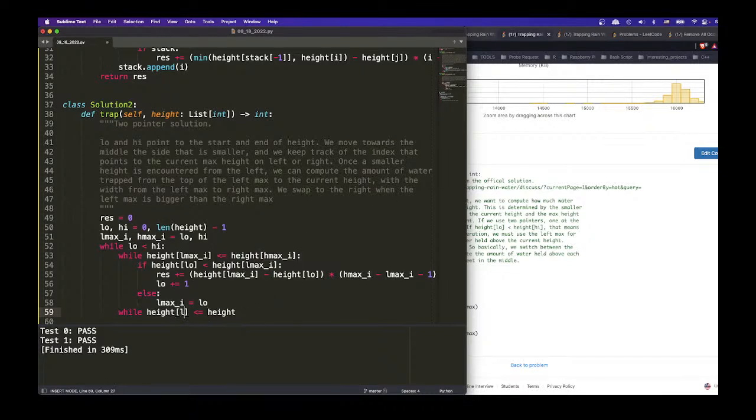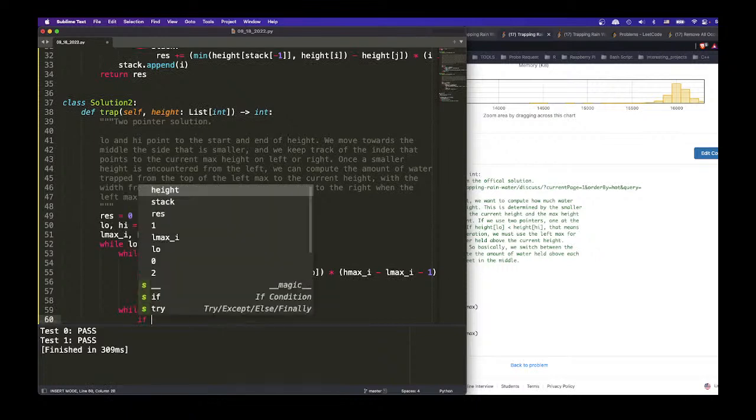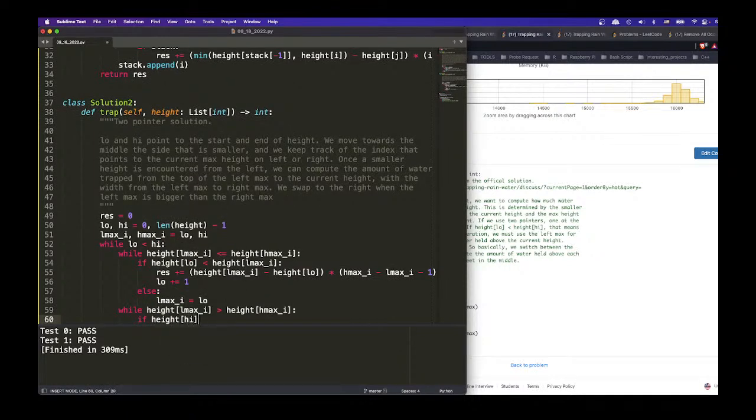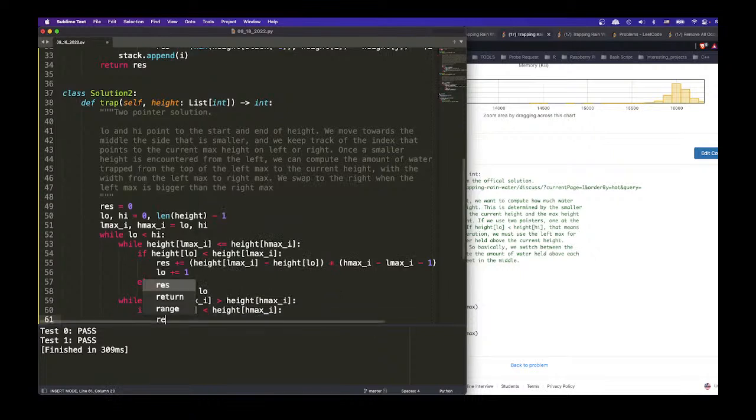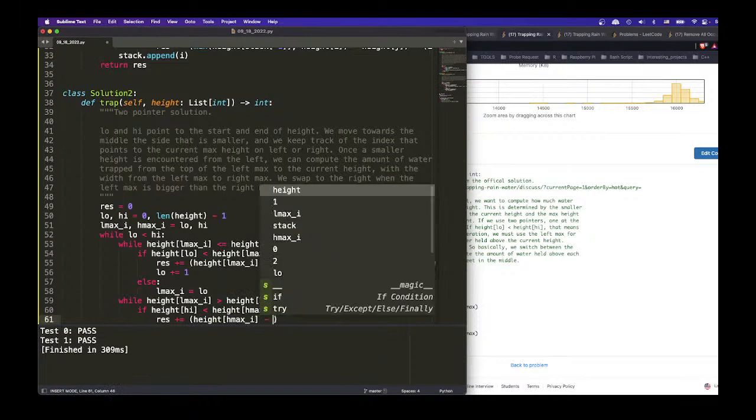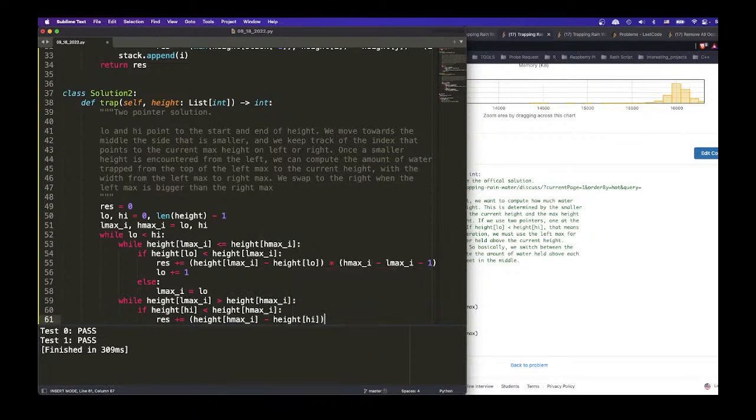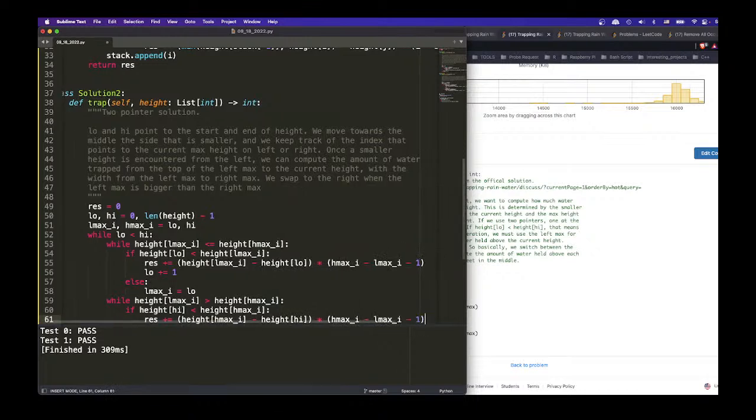I like to keep them the same. Larger than h max I. Let's say if height high is smaller than height h max I, then we say res plus equal to height h max I minus height high multiplied by h max I minus L max I minus 1.